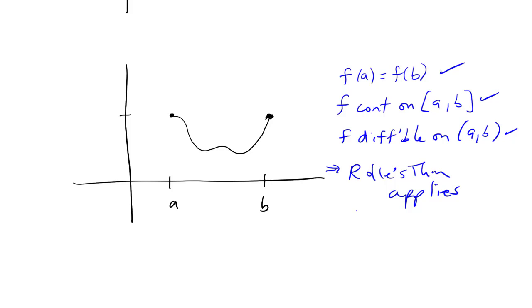And in fact, it looks like there's a place there, there's a place there, and there's a place there. So I have one c there, another c there, and another c there. There are 3 places in this particular one where the derivative is 0. We were guaranteed at least 1 because all the conditions held, but we actually got 3.